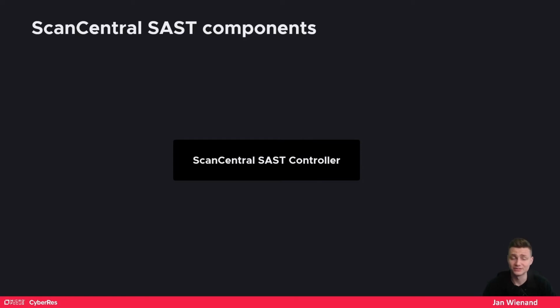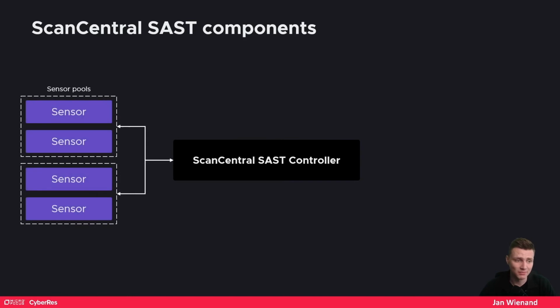The ScanCentral SAST controller is mainly the brain or the main component of ScanCentral SAST, because it is managing all scans and also talking to any other kind of components that you can see in a second. So basically, this is the middle of ScanCentral SAST.